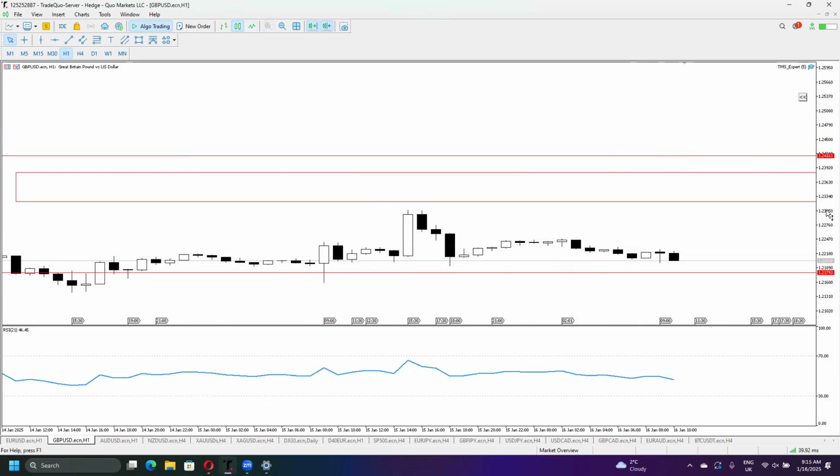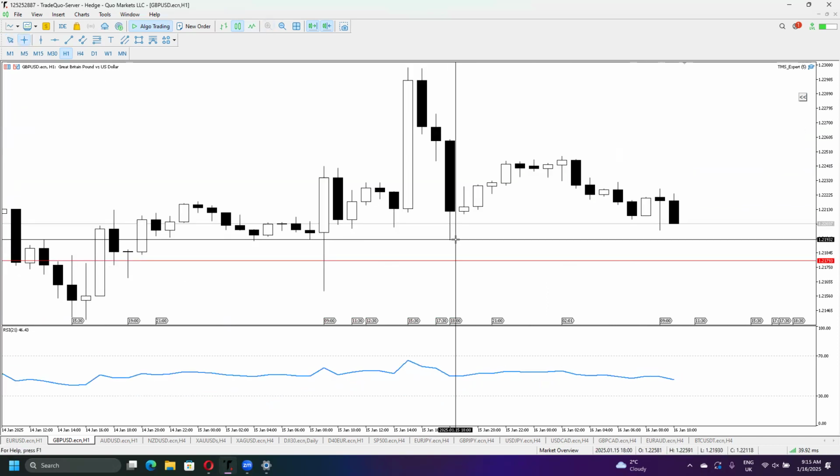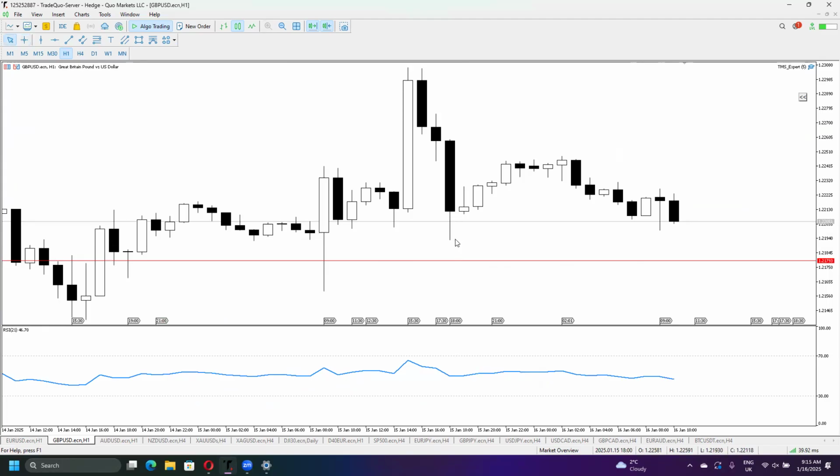Once the price breaks this bottom and creates another candle formation, the market will be fully ready to play. Is that clear?